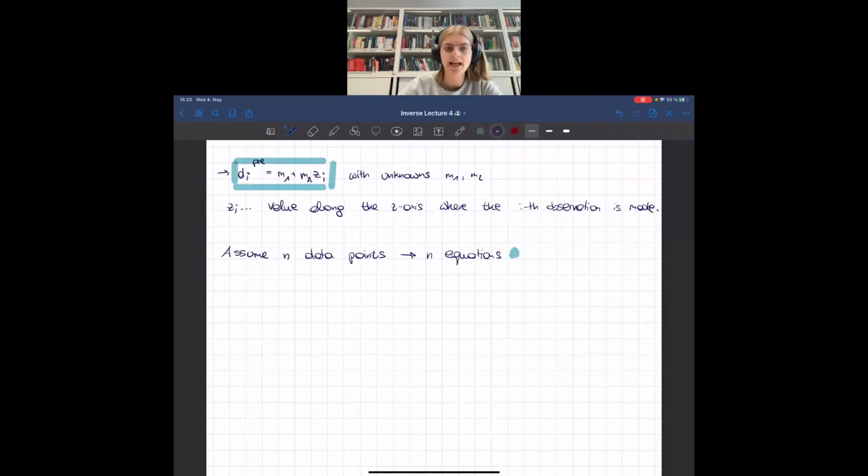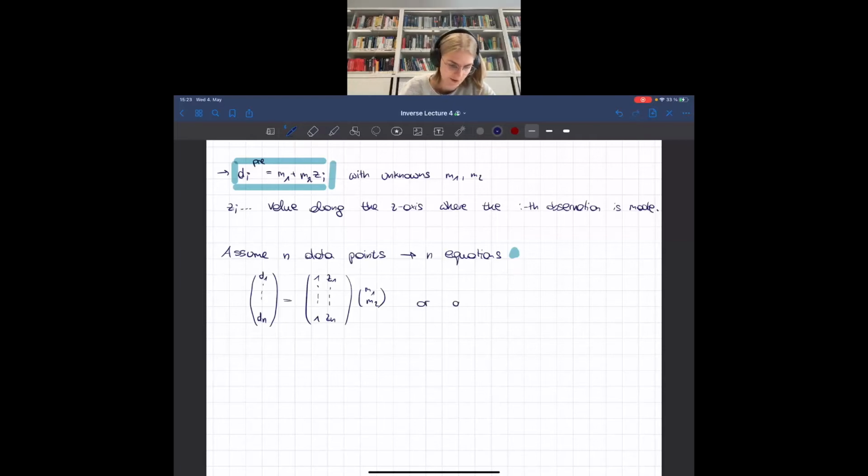We will find n of those equations, and we can put them together in a matrix notation. On the left-hand side, we consider d1 to dn, so n of the predicted data points. On the right-hand side, we have in the first column 1, then z1 to zn, multiplied with the unknowns m1 and m2. So basically nothing else than an inverse problem with a non-square matrix, unless n equals 2, which we would like to solve.